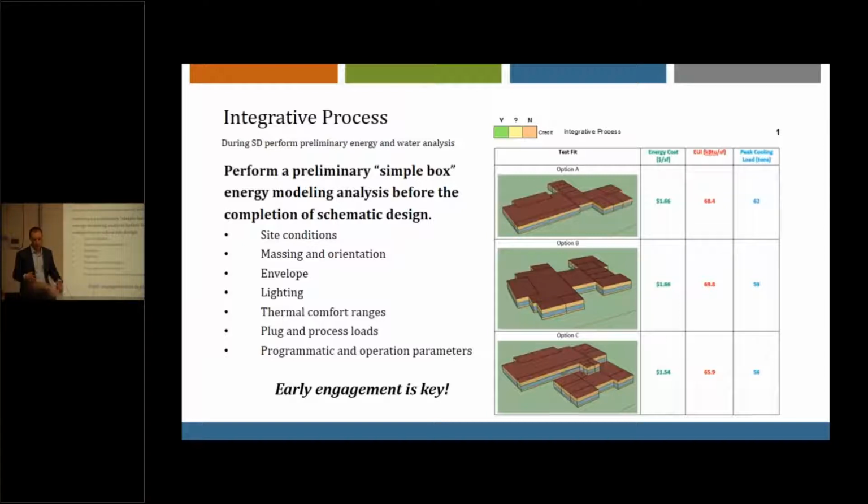What this point is looking at doing is a really rough, simple model. Don't worry about all the details, but get them some different massing. They're looking at different site conditions, envelope and lighting. They also want you to look at your thermostat set points and see how that affects everything.